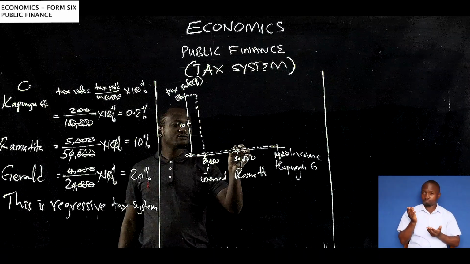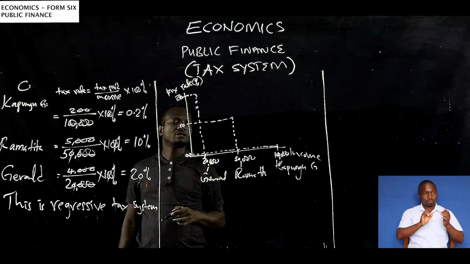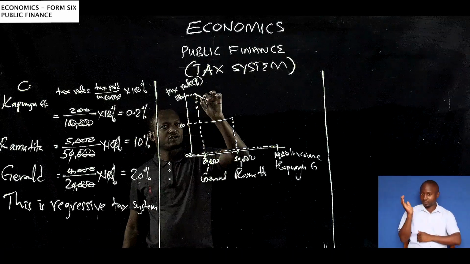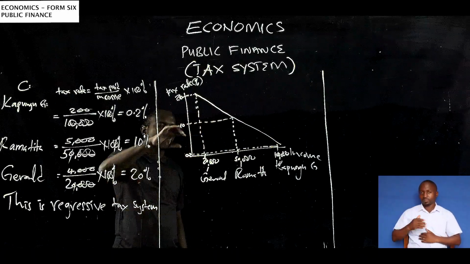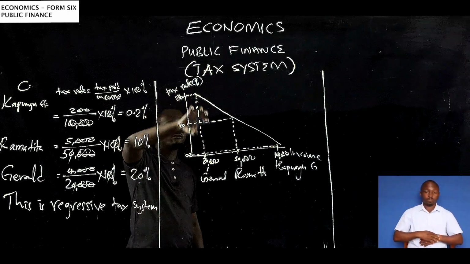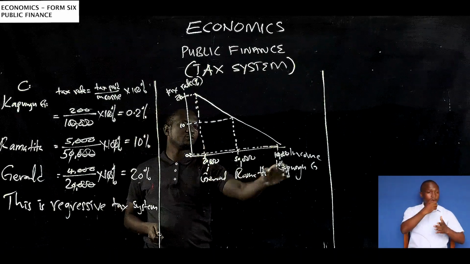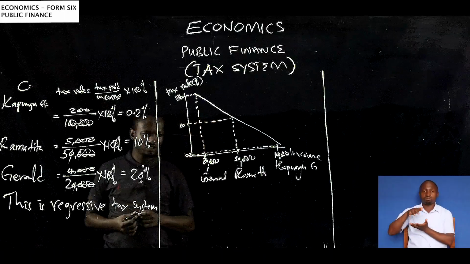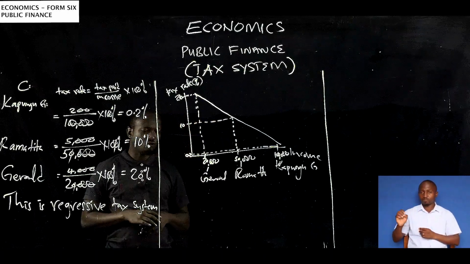And Ramatita's tax rate is 10. So our graph is like this. So you are charged the high tax rate if your income is low, and you are charged low tax rate if your income is high. This is regressive. So let's see another question.